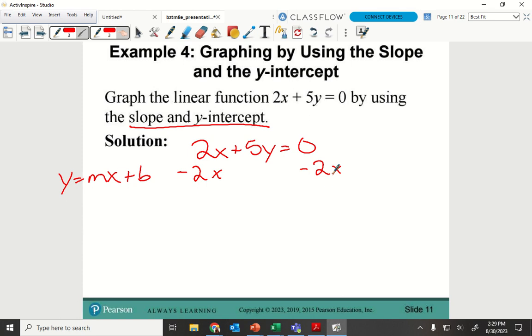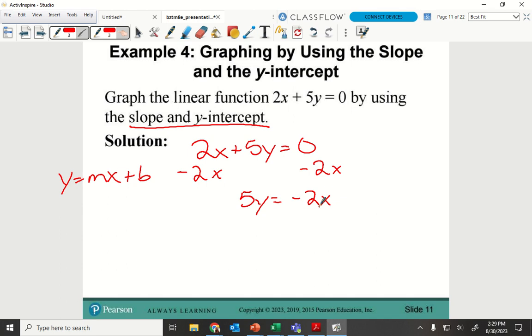So I'm going to take away 2x from here. 2x minus 2x is 0. That is the magic number. It goes away. So now I'm left with 5y equals 0 minus 2x, which is just negative 2x.